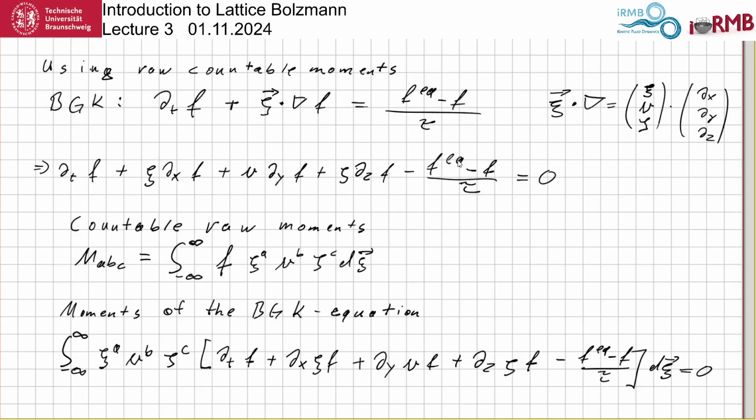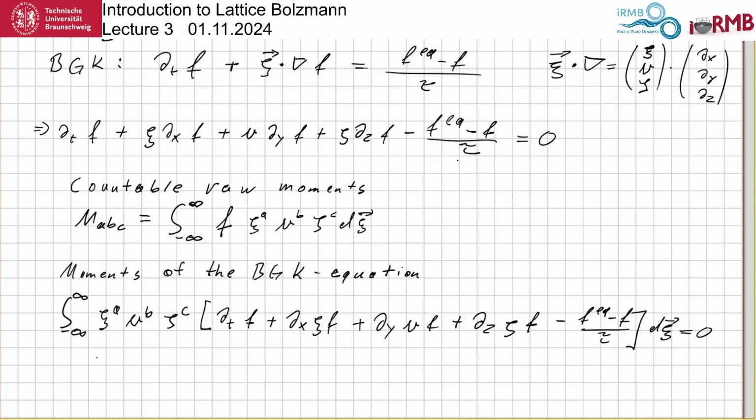Now, what is important to see here is that xi, upsilon, and zeta are what we call independent variables. Velocity is an independent variable in kinetic theory, which is opposite to what we have in the continuum theory.